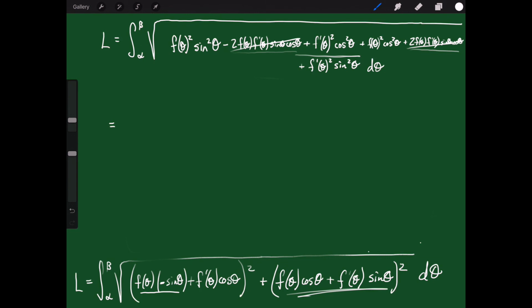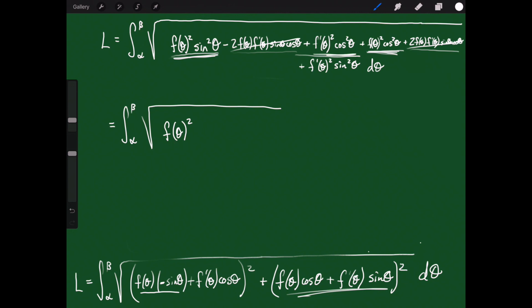No, but I've got an f of theta squared sine squared theta, and I've got an f of theta squared cosine squared theta. Those two combined together give me f of theta squared.